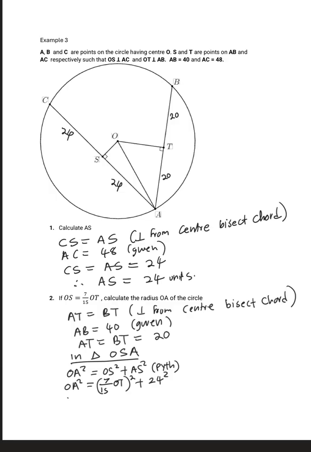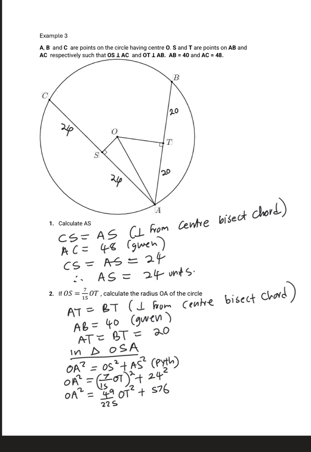And then we have OA squared is equal to, then 7 squared is 49, and then 15 squared is 225. Then we have OT squared plus 24 squared. 24 squared is how much? 24 times 24 is 576.